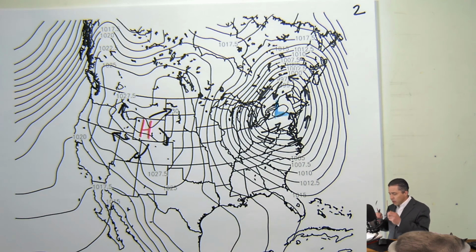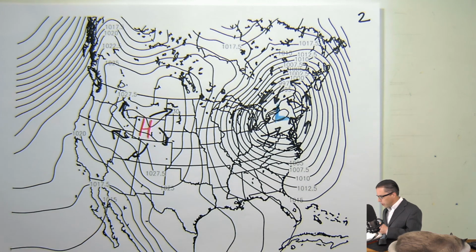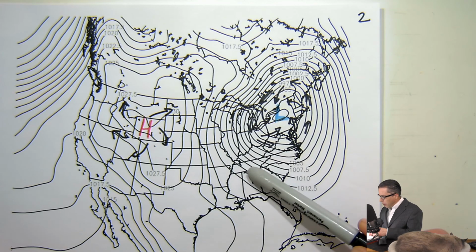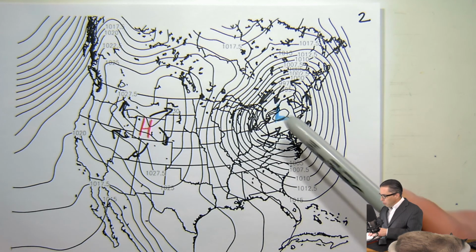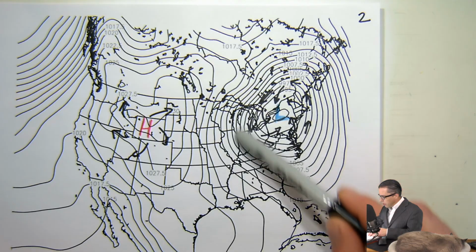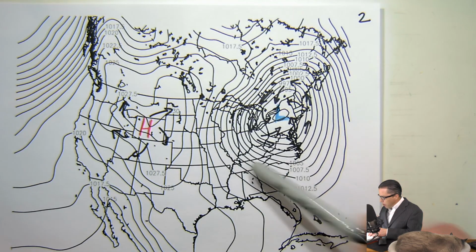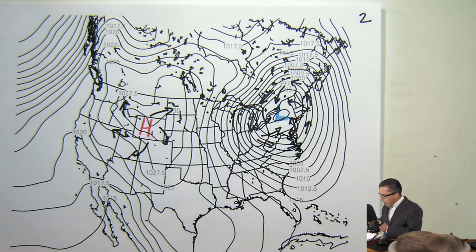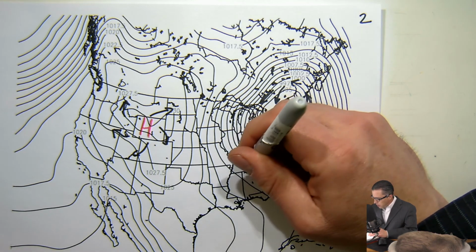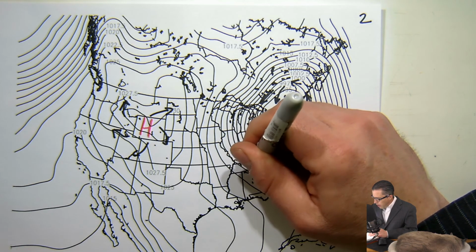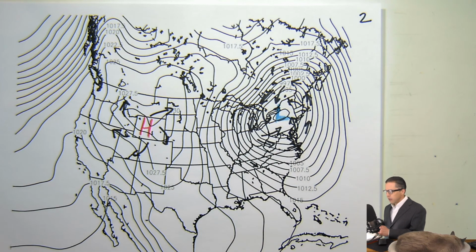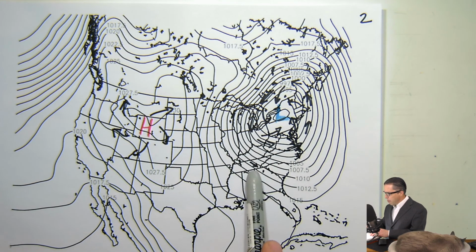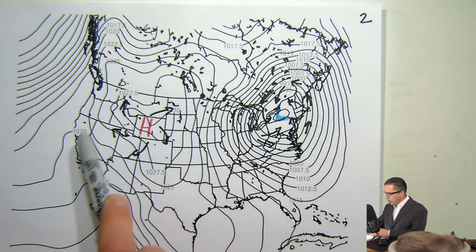All right, so here's an example of what I could do. What is the wind direction in Tennessee? There's Tennessee, and we know we have counterclockwise, so it's coming around this way. So what would the wind be like right there? Right there, I'm going to draw a straight segment that is parallel to those contour lines, and it's coming from the northwest.